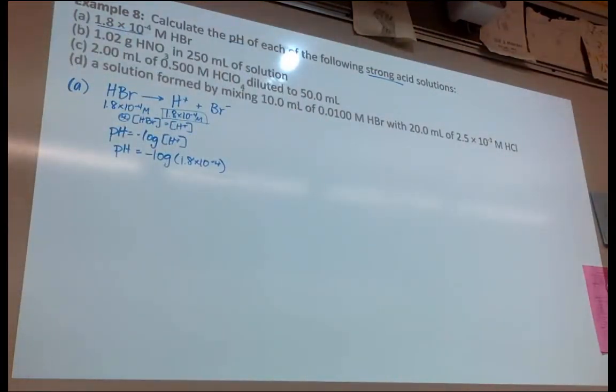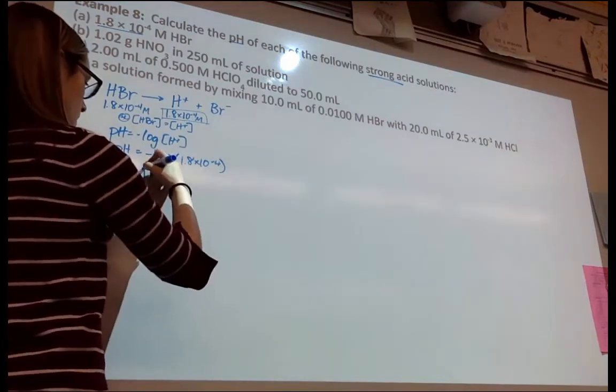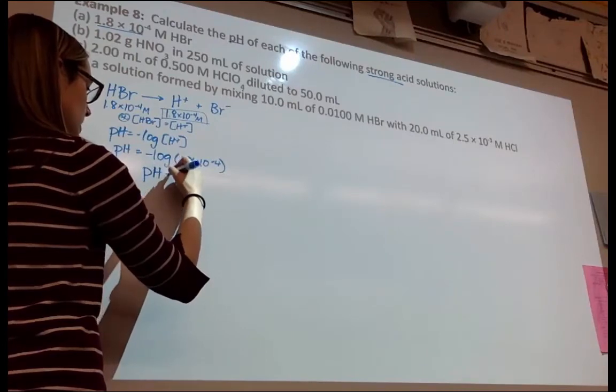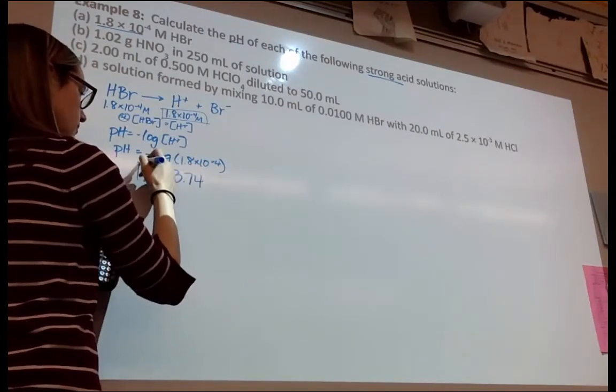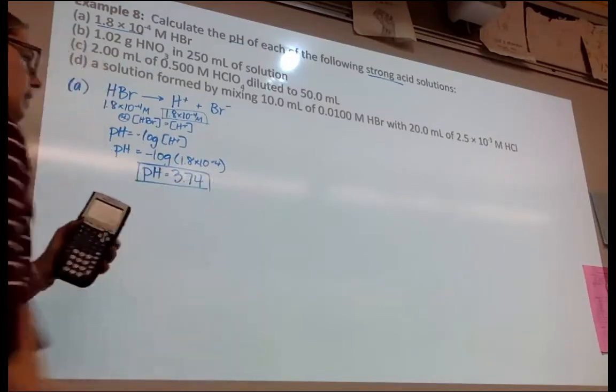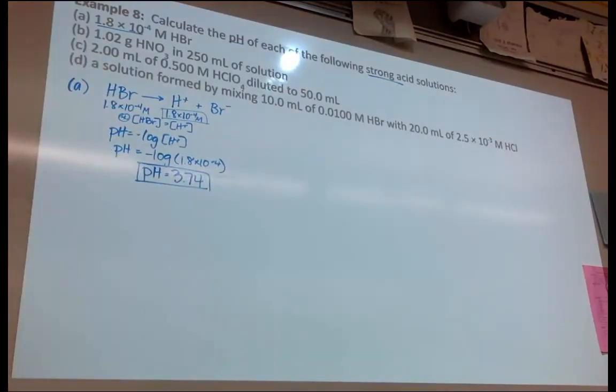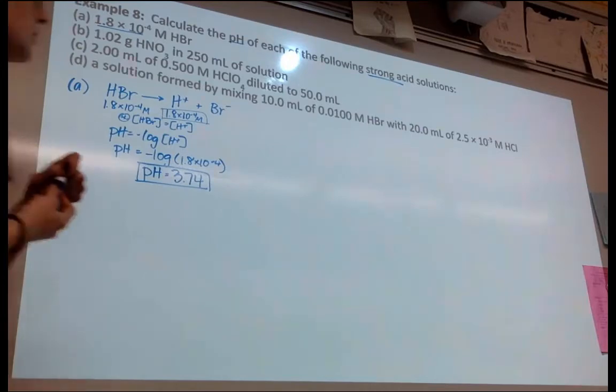Negative log, 1.8, E negative 4. 2 sig figs means 2 decimal places. So 3.74. There's our pH. That's a nice one. All right, the concentration of the acid is equal to the H plus concentration.